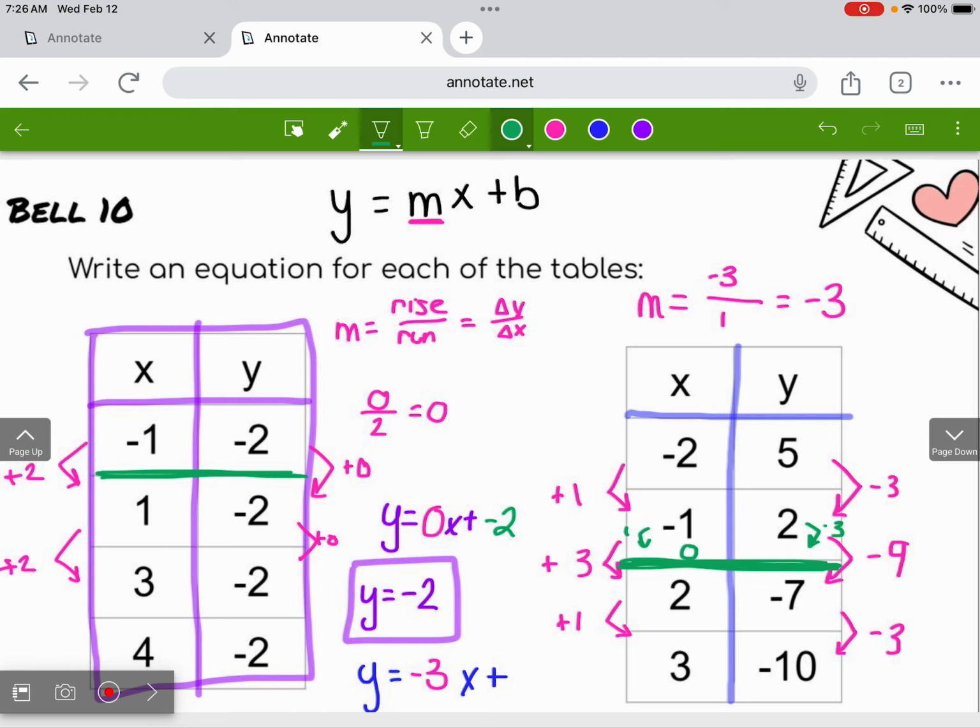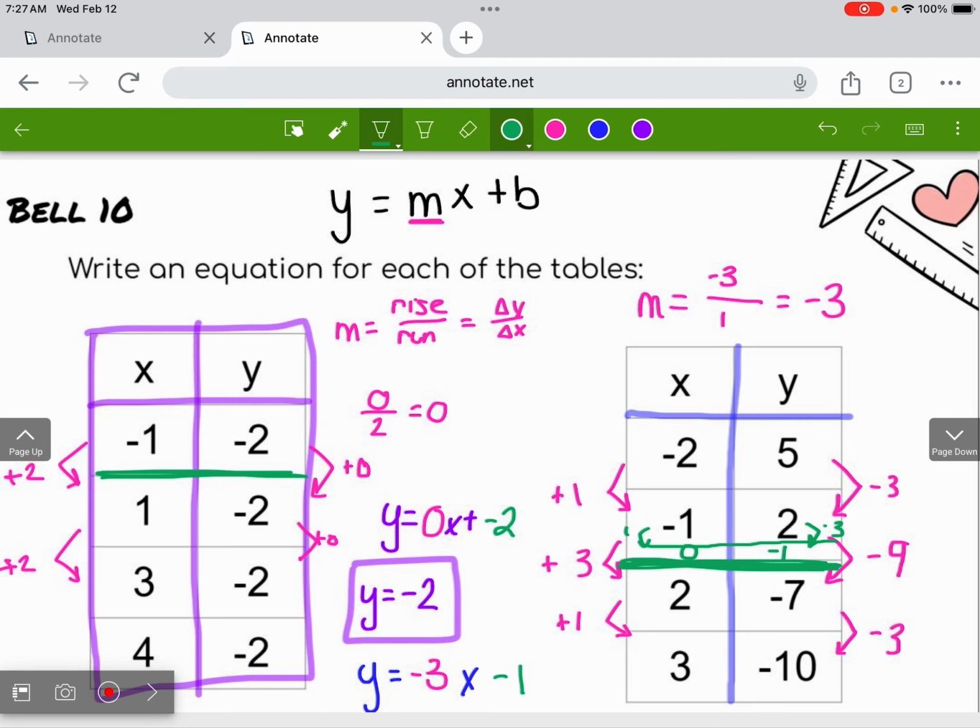We go down 3. So if I go up 1 from -1, that puts me at 0, and we go down 3 from 2, where do we wind up? -1. So you can either fill it in, like into your table, or calculate that value, but that -1 is where we get that.